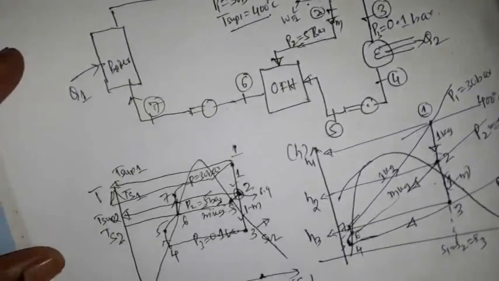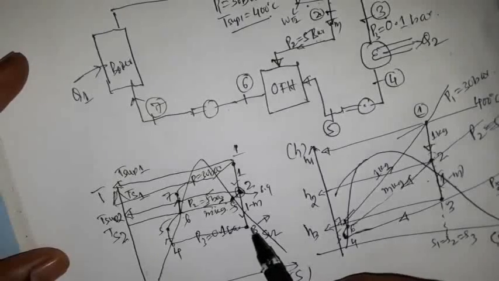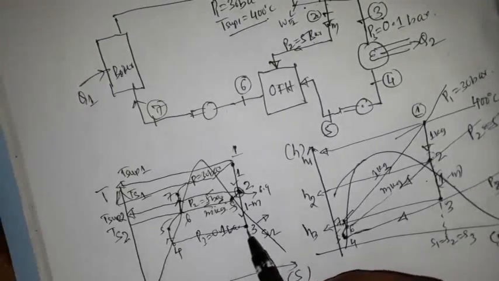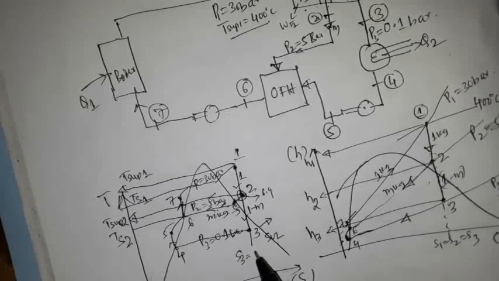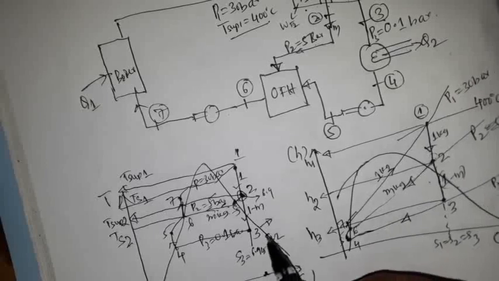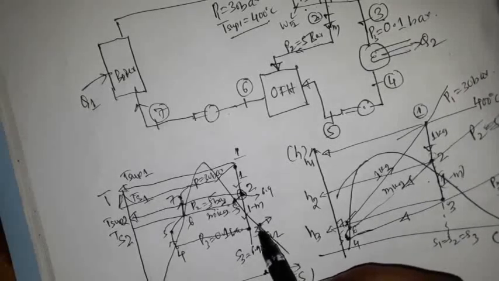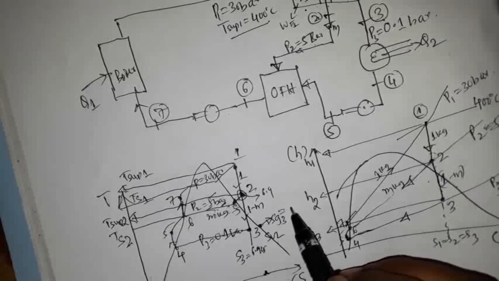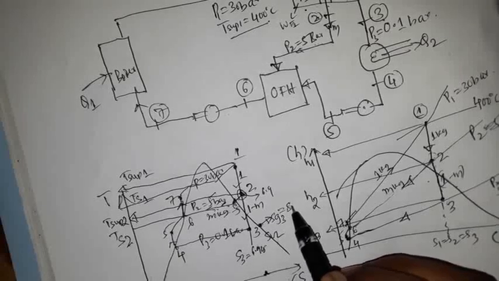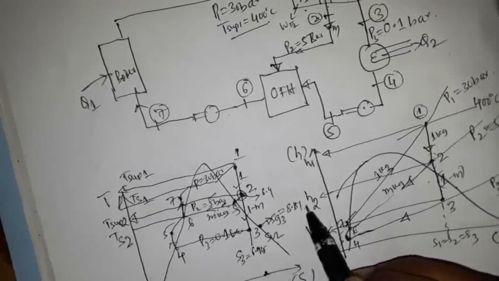So in the TS diagram, this is the S3 value here, that is 6.925, and we'll compare it with the value here, that is SG3, which is equal to 8.151.